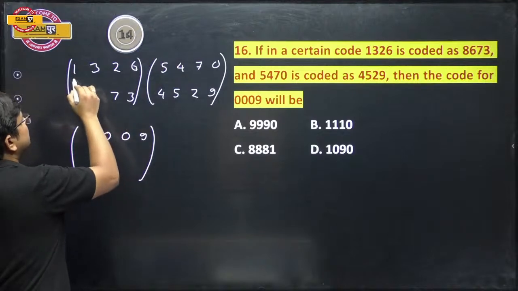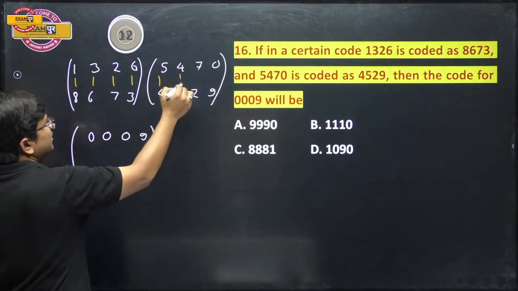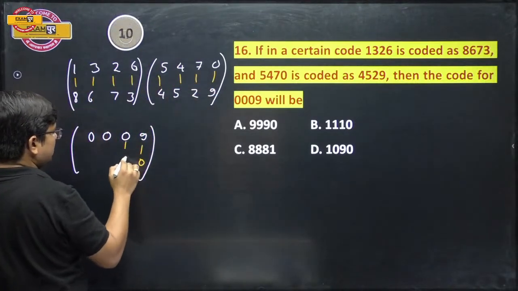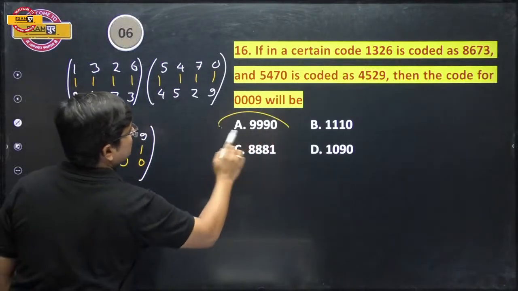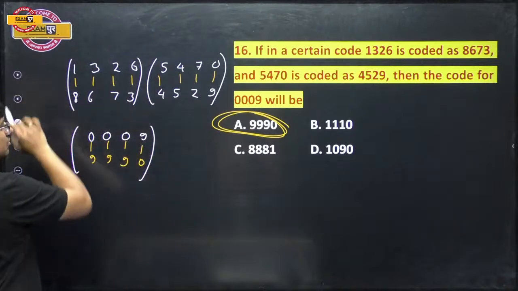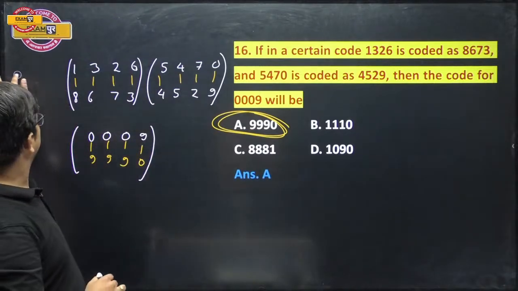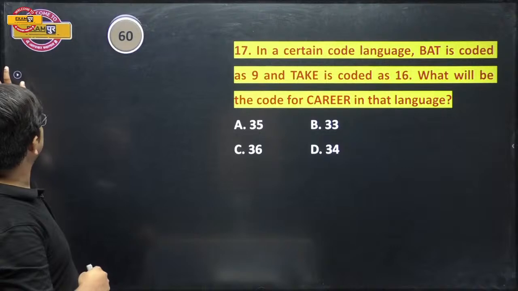Observe the things. Sum is 9. Throughout the sum is 9, isn't it? So throughout the sum will be 9. So 9990. Answer is option number A, 9990. All right, everyone. Next. Quickly.